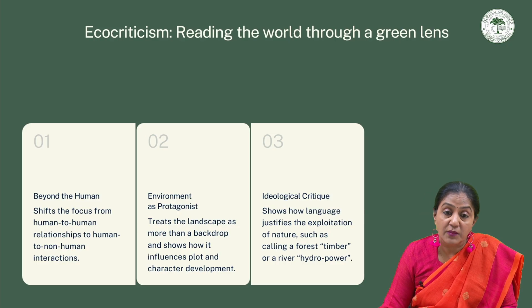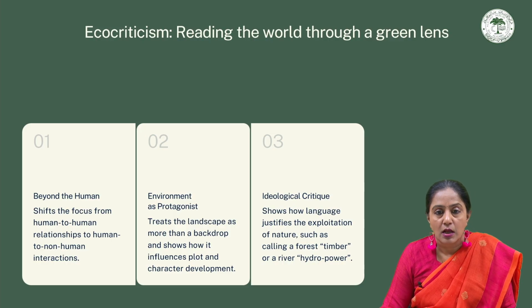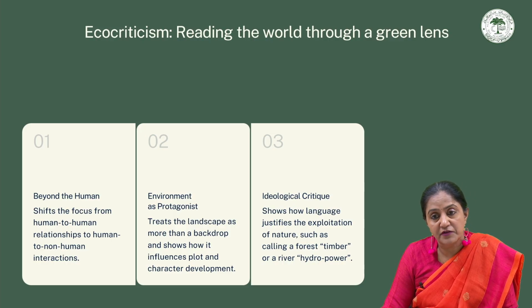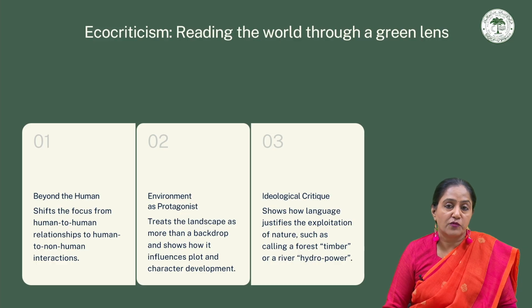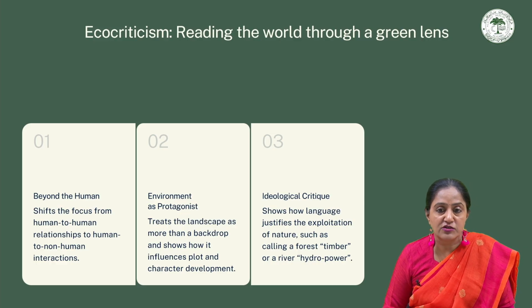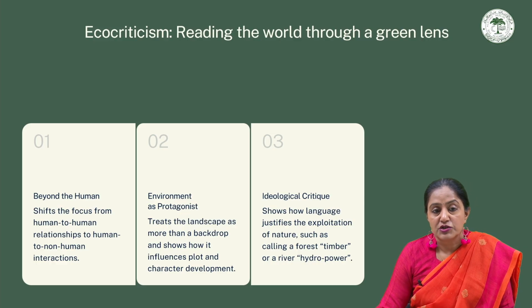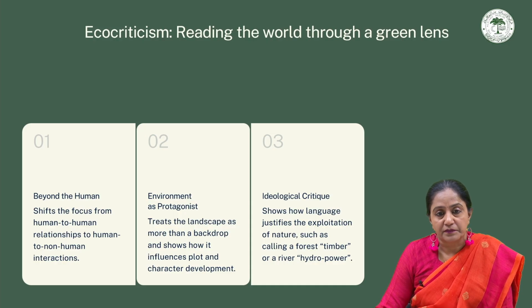So if environmental humanities is a broad interdisciplinary field, eco-criticism is one of its most influential literary branches. The term gained prominence in the 1990s through scholars such as Cheryl Glotfelty and Lawrence Buell.